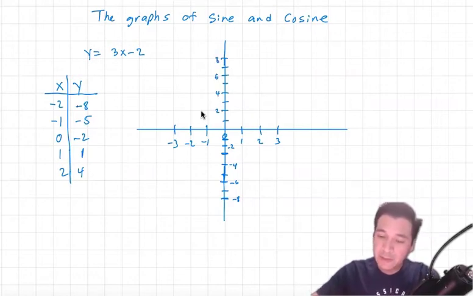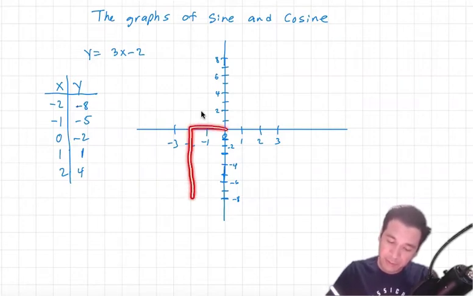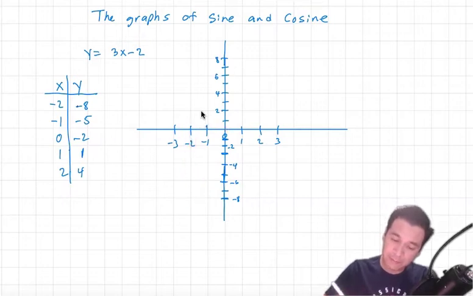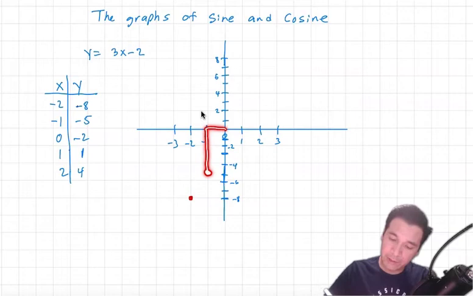Alright, now let's plot our points. So we're going to plot -2, -8. So we have to go left 2 and then down 8. So we're going to plot our point right there. -1, -5. So -1 and then down 5 to right here. 0, -2.